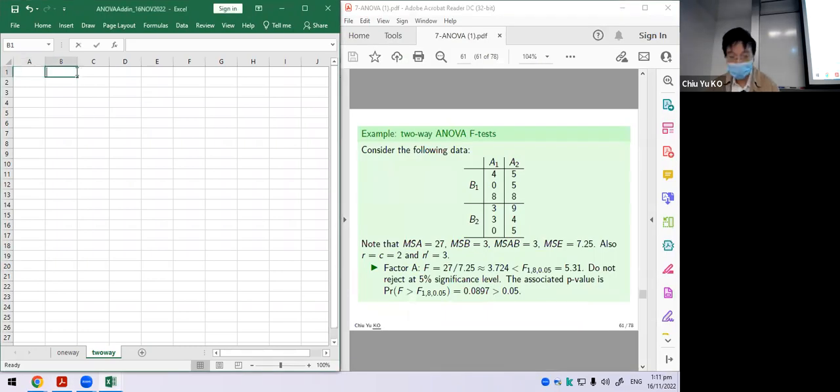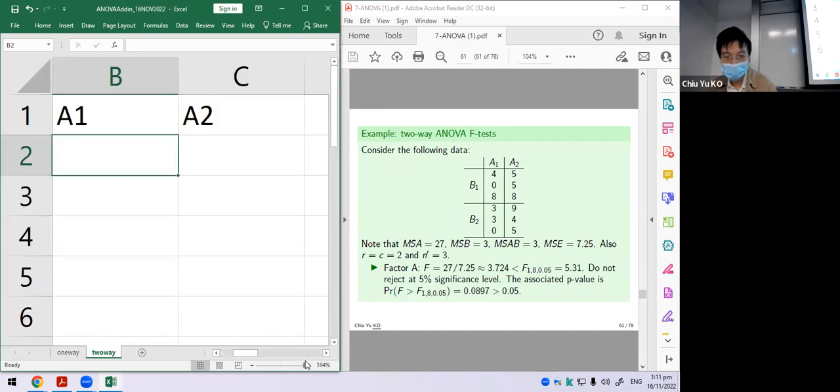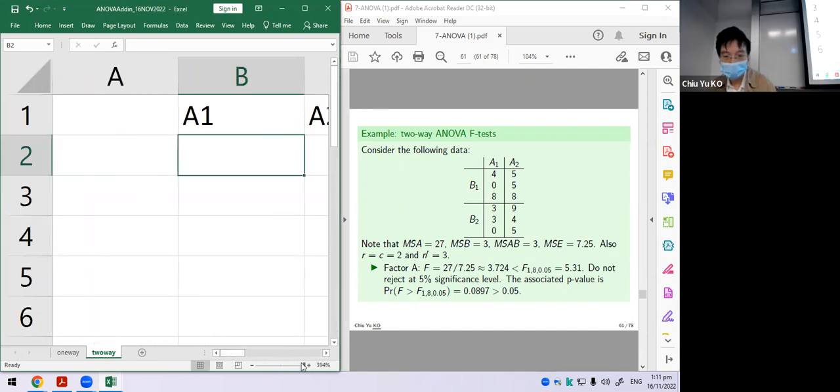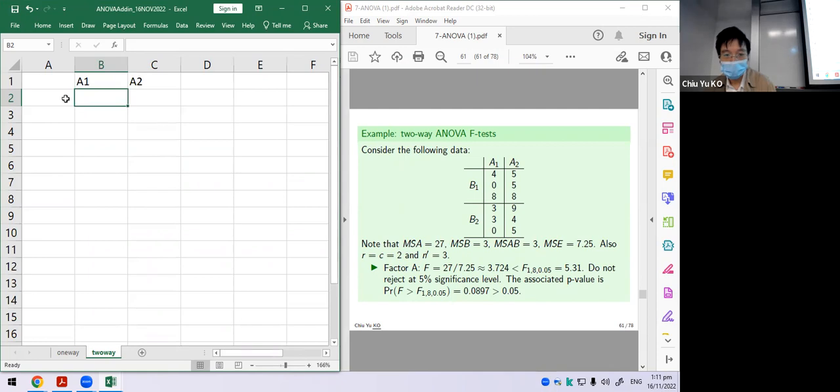So I have A1 here, A2 here, maybe bigger. So I have 408, okay, 330, 558, and 945.